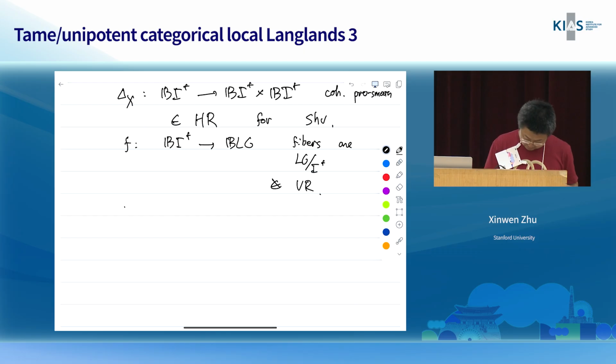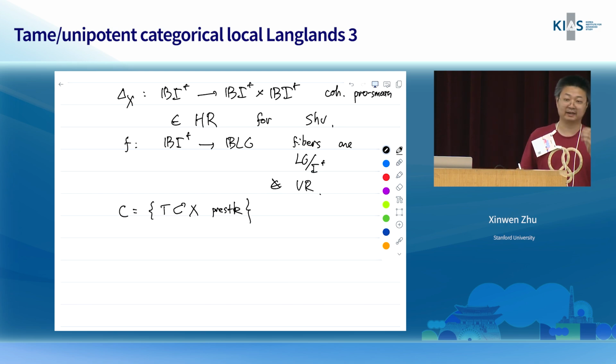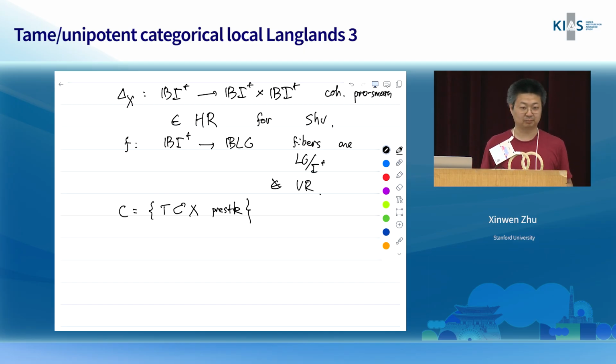What I really start with as my category C is the following: consider the pairs T, a torus, acting on a prestack. This category admits all finite products.